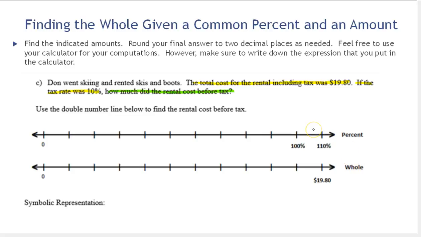Okay, we want to find the cost before tax, which is 100% of the cost before tax. 110%, since the tax rate was 10%, the cost before tax plus the tax gives us the amount he paid, which is $19.80. Okay, we want to find 100%. So we'll put a question mark here.